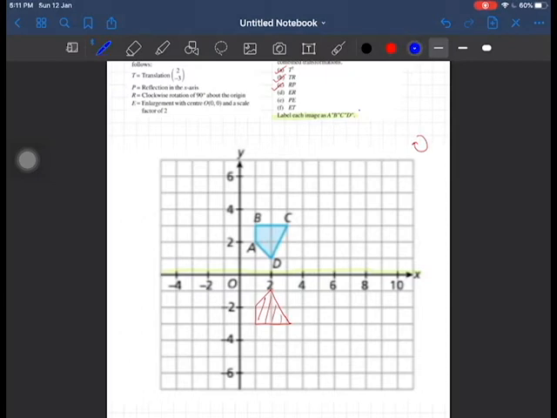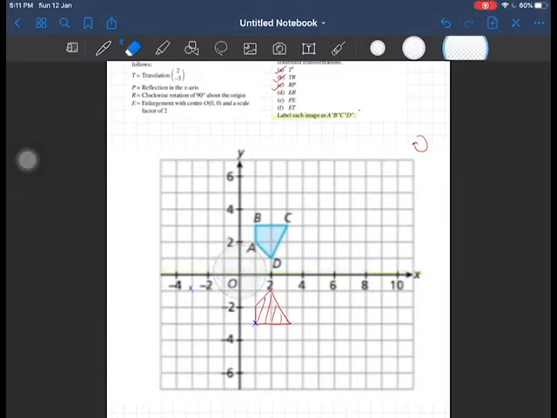And then the second, which is rotation clockwise 90 degrees. We'll do it the same way. Move down 3, 90 degrees, move up 3. Right. So that's my point.